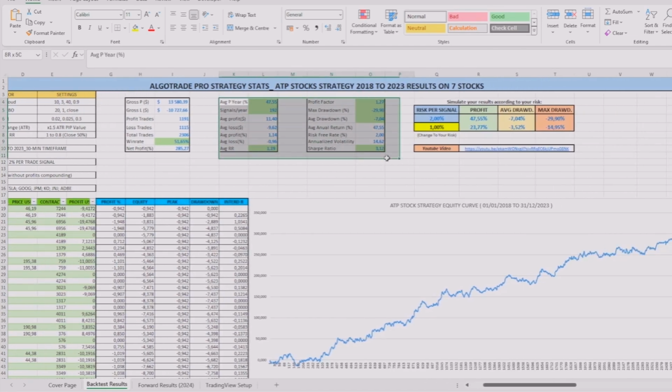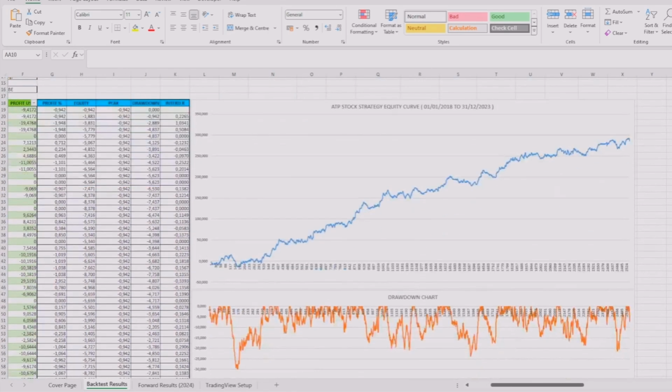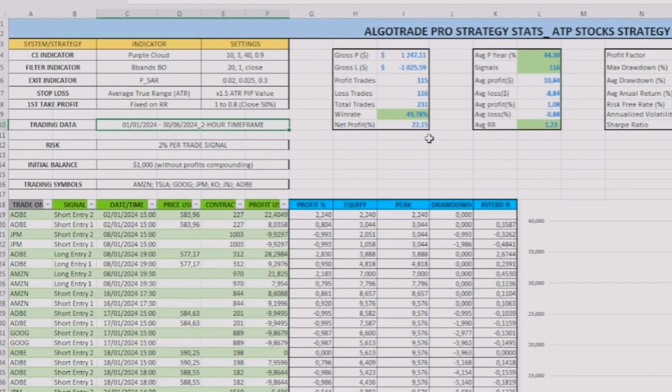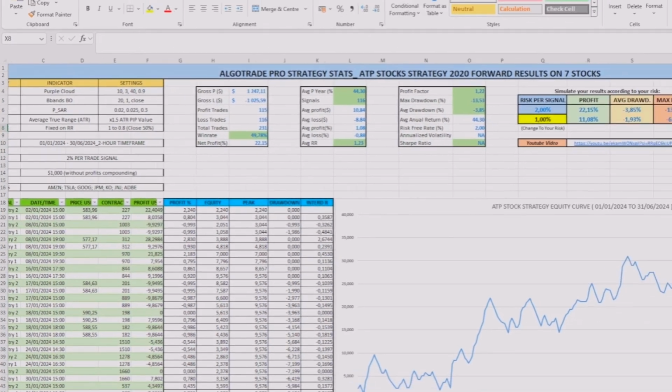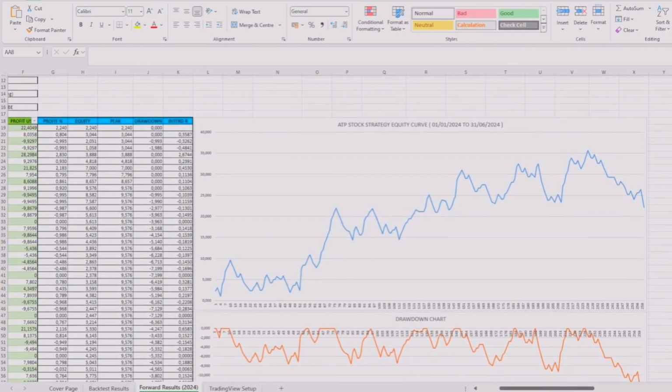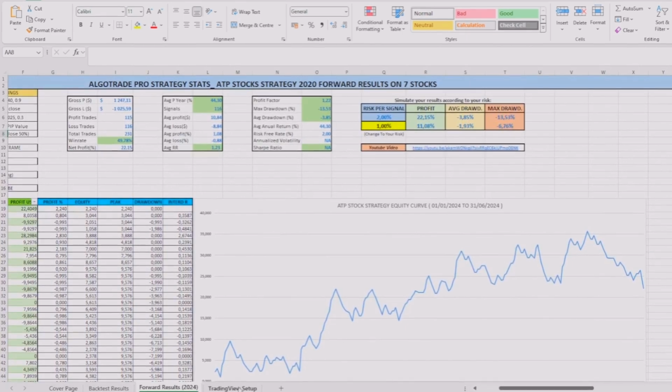Here you can see other stats and the equity chart, which is highly consistent. Also, in the first 6 months of 2024, this strategy has already yielded a profit of above 22%, and so, until the end of the year, it will probably achieve the goal of 47% profit.